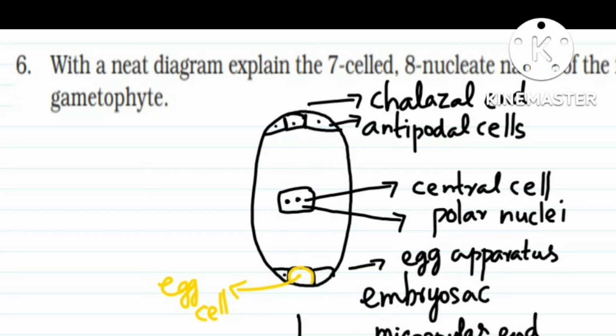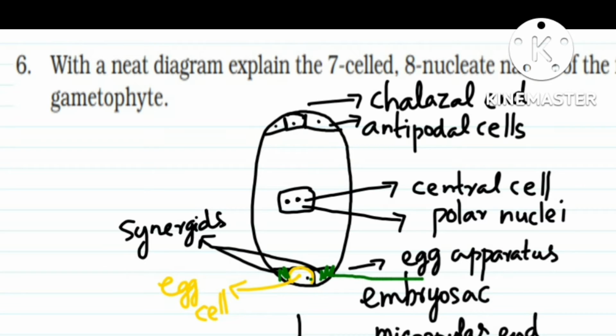The other 2 cells, this and this, are called synergids. And the synergids have got special finger-like projections like this, which is called the Filiform Apparatus. And the Filiform Apparatus is for guiding the pollen tube towards the synergids.